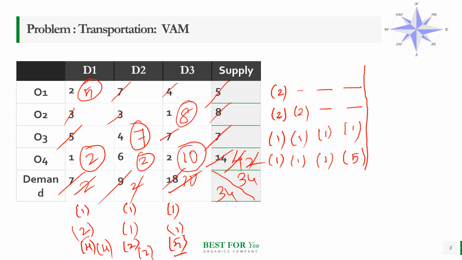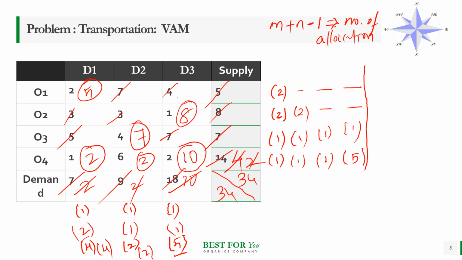Here again you have to check whether the solution is non-degenerate or not. How will we check? m plus n minus 1 should be equal to the number of allocations.